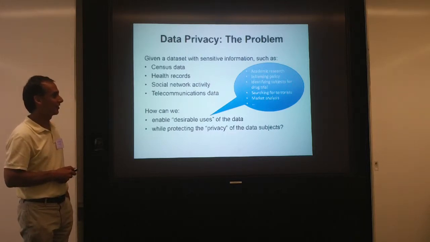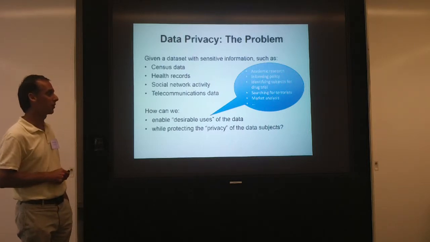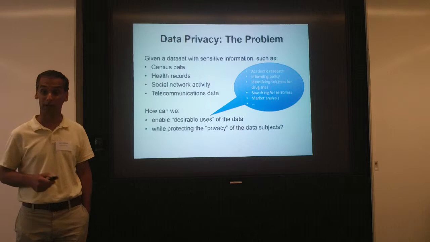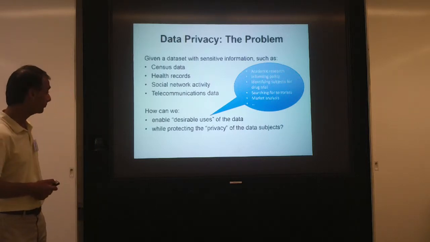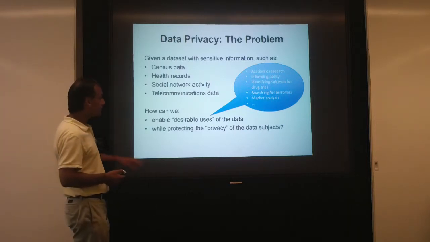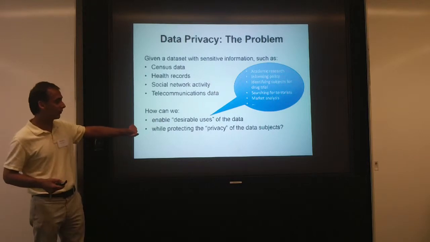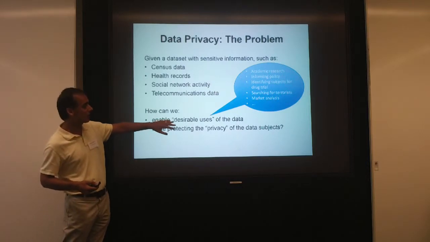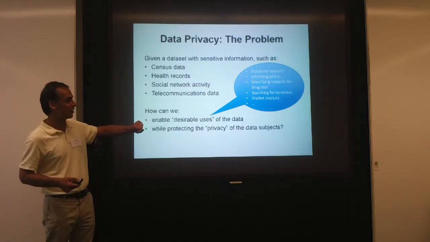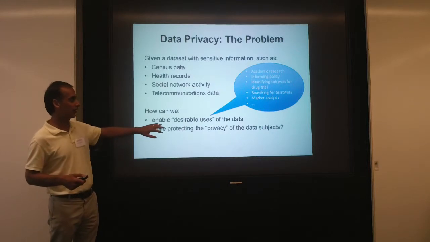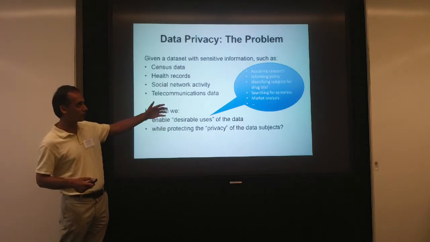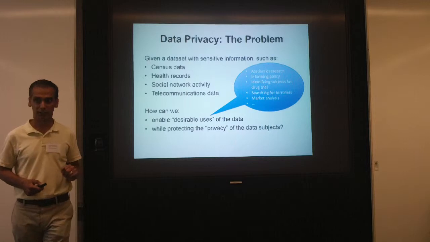The NSA and law enforcement may be interested in searching for criminals or terrorists. Companies might be interested in doing market analysis or figuring out who to serve an ad to. Each of these different uses requires different things. The methods that you use may support some of these uses but not others.